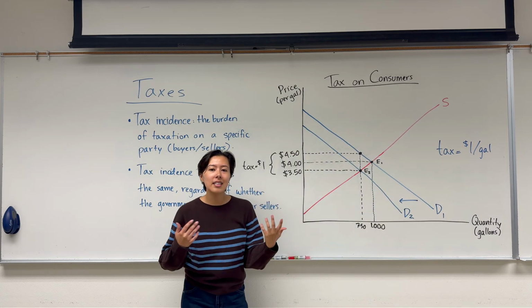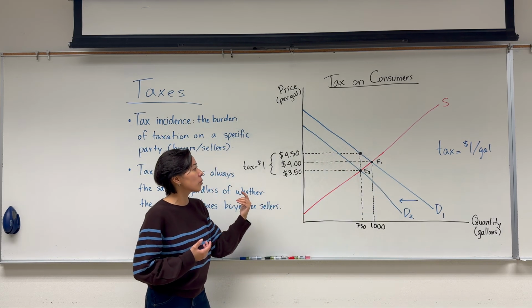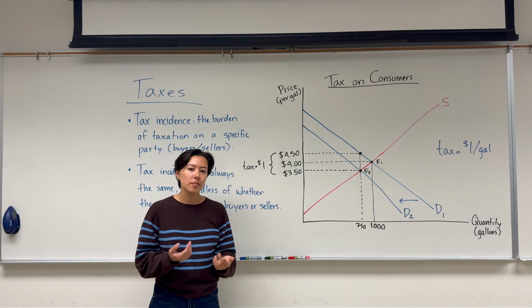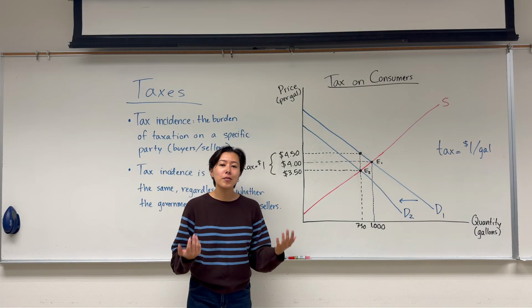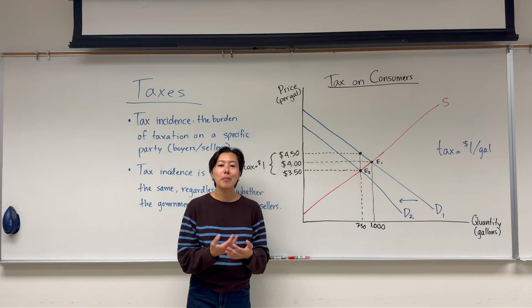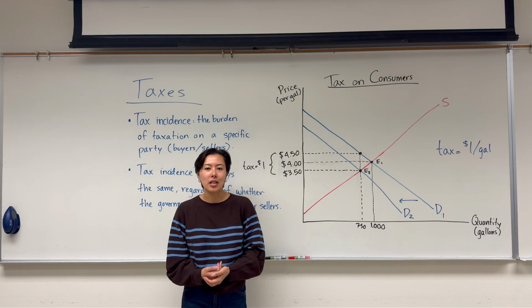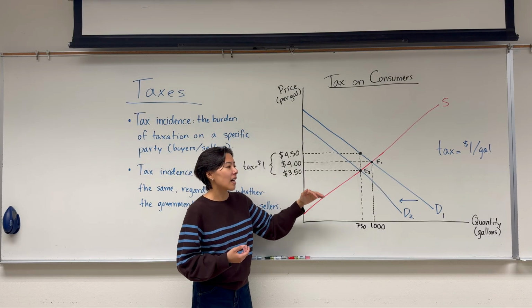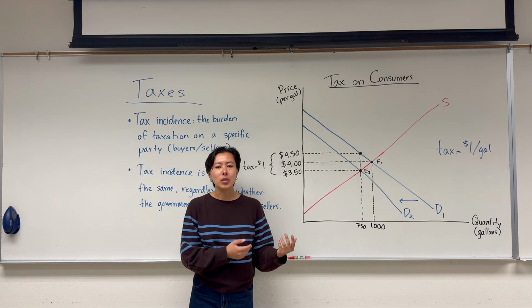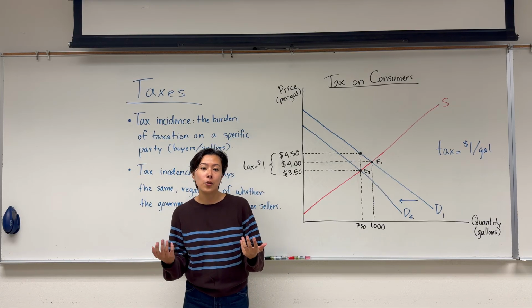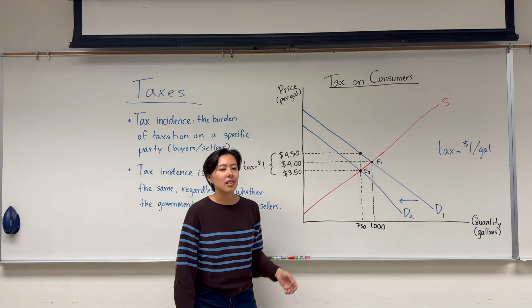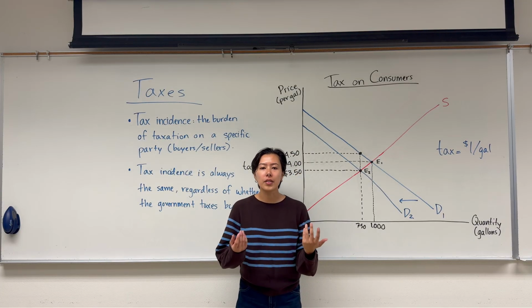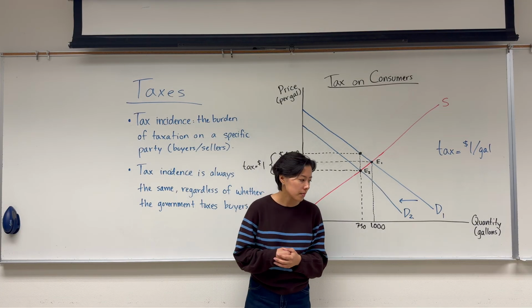So my tax incidence or my tax burden on consumers is 50%. If my consumers are paying 50% of the tax, of course my producers have to pay the other 50%, right? So once I find the tax incidence for one party, it's really easy to find the tax incidence for the other. Together, it has to add up to 100%. All of the tax has to get paid.